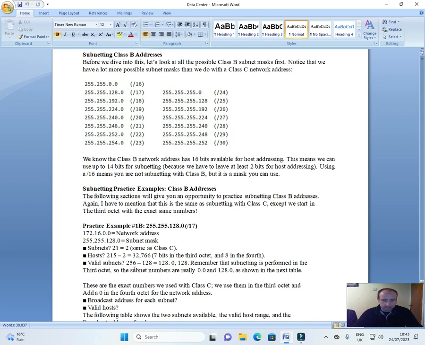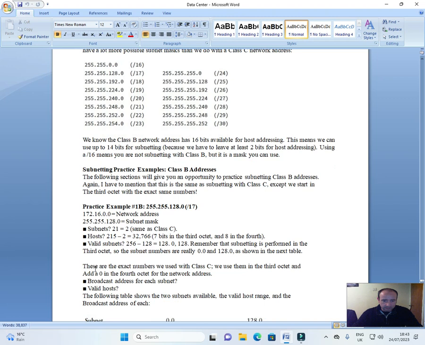Valid subnets: 256 minus 128 equals 128. So 0 and 128. Remember that subnetting is performed in the third octet, so the numbers are really 0.0 and 128.0, as shown in the next table.